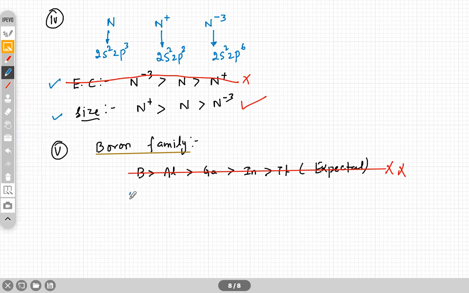Decreasing order 1, 5, 3, 2, 4. These are the number of elements. 1 means boron, 5 means thallium, third is gallium, then aluminium, and then indium.